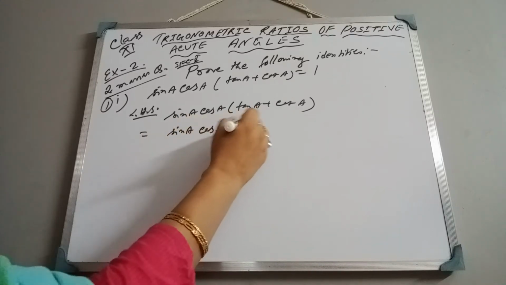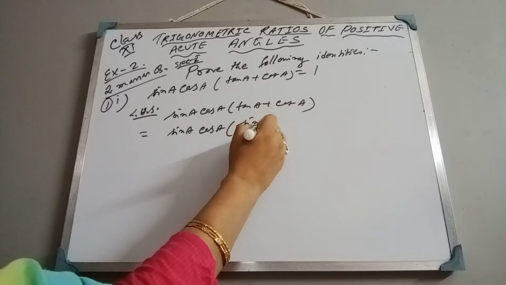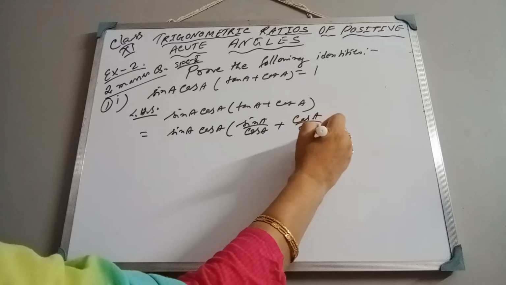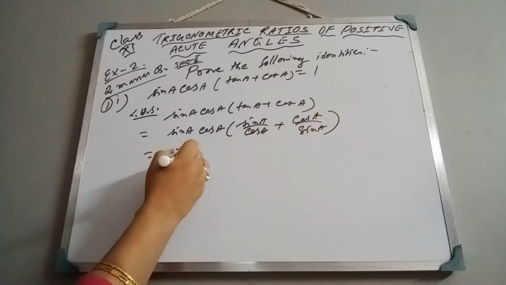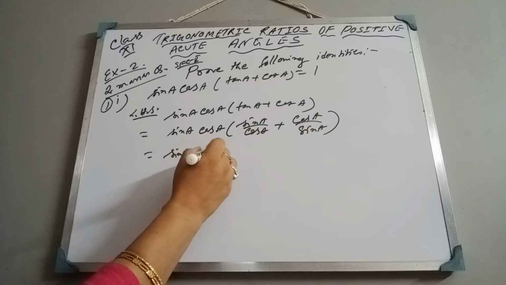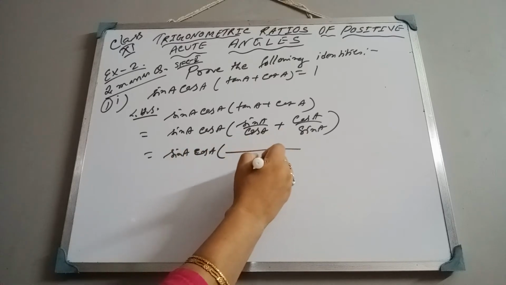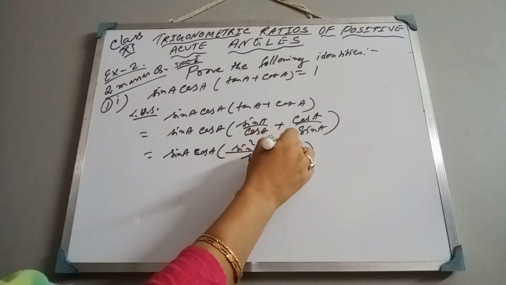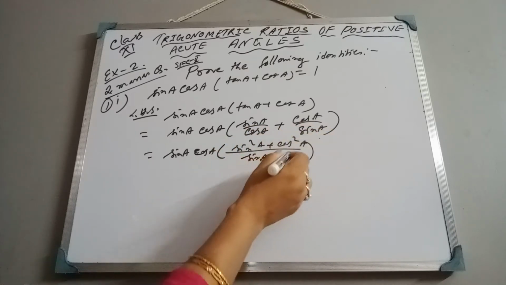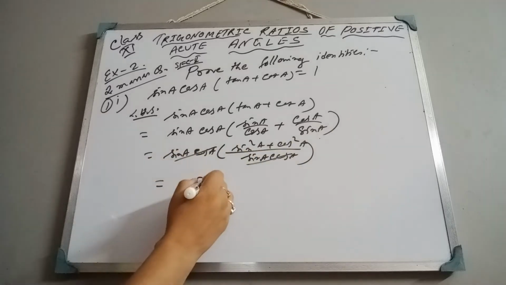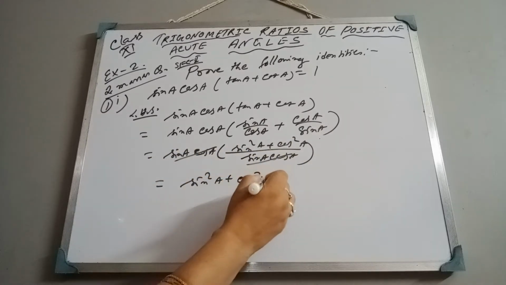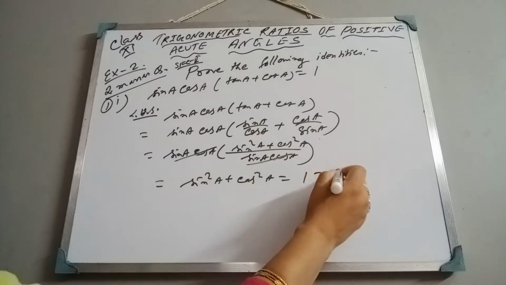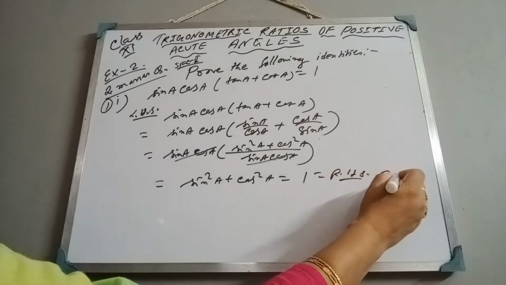Sine A into cos A, and it will be sine A by cos A plus cos A by sine A. So again, sine A into cos A and sine A cos A. Take the LCM and it will be sine square A plus cos square A. This part and this part will be cancelled, and we will get only sine square A plus cos square A, which is equal to 1, which is equal to the right hand side. Okay, so it is proved.